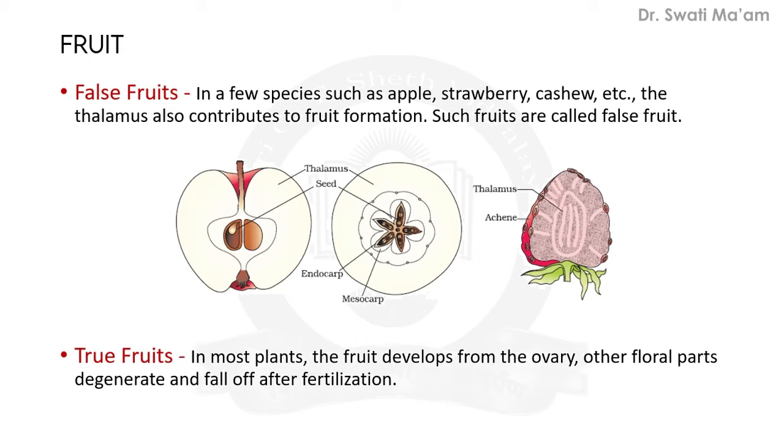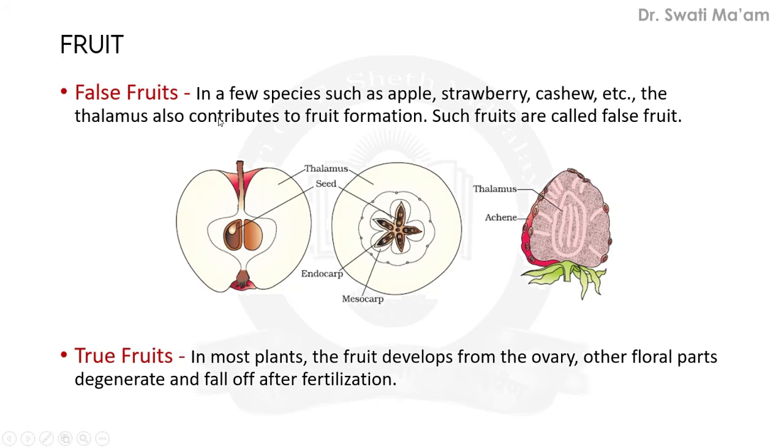In most plants, by the time the fruit develops from the ovary, the other floral parts degenerate and fall off. However, in a few species, such as apple, strawberry, and cashew, other parts develop into the fruit. Here the pictures are given, and the thalamus contributes to fruit formation.